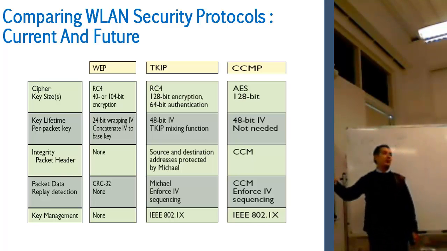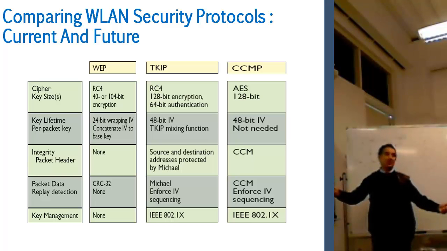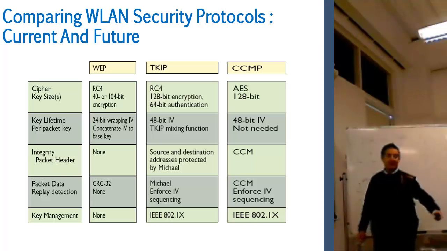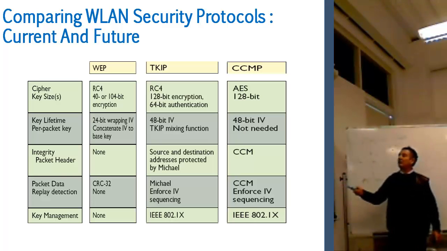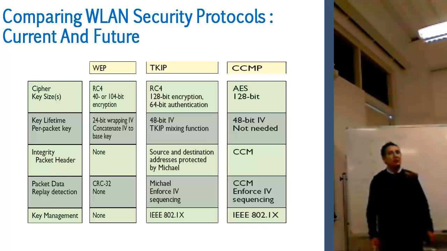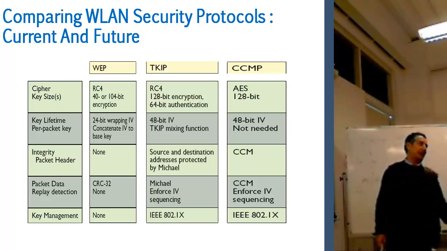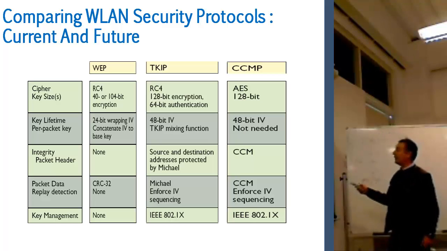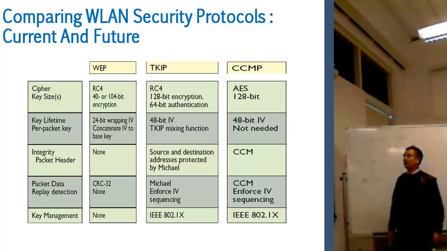Integrity in WEP: we don't have any packet header, but they are using CRC as a trailer. Source and destination address are protected by Michael over here. And in CCMP, we are using counter mode MAC, that is AES.